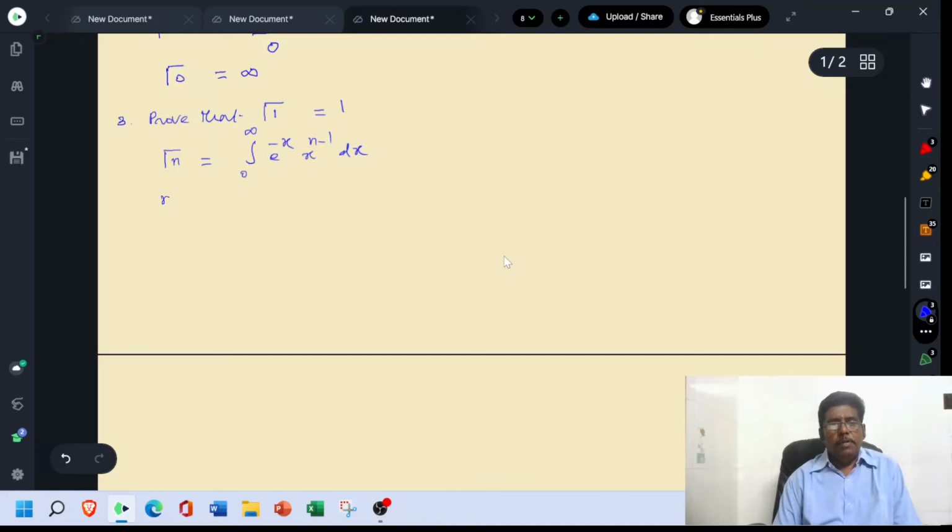Then replace n by unity. Gamma of 1 is equal to the integral from 0 to infinity of e power minus x, x power 1 minus 1 into dx, which is equal to the integral from 0 to infinity of e power minus x, x power 0. X power 0 is 1, so e power minus x into dx.